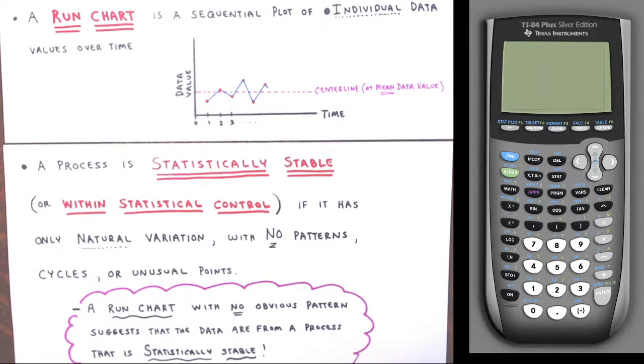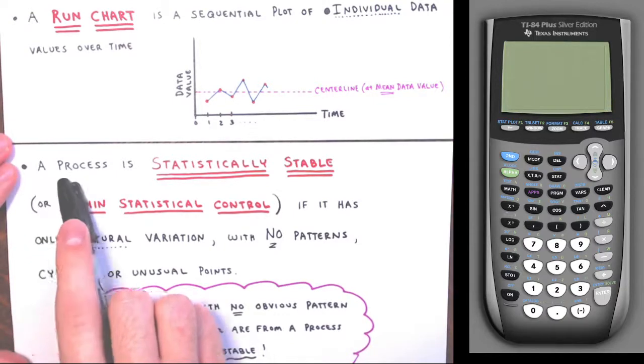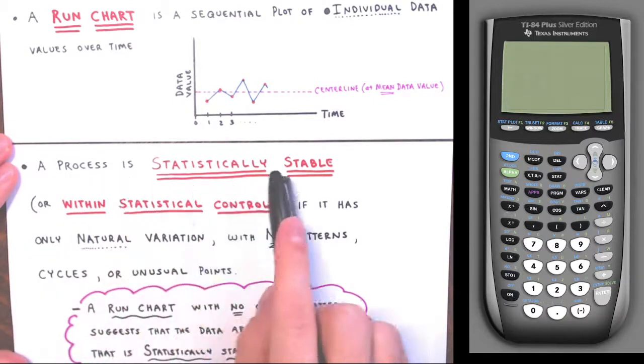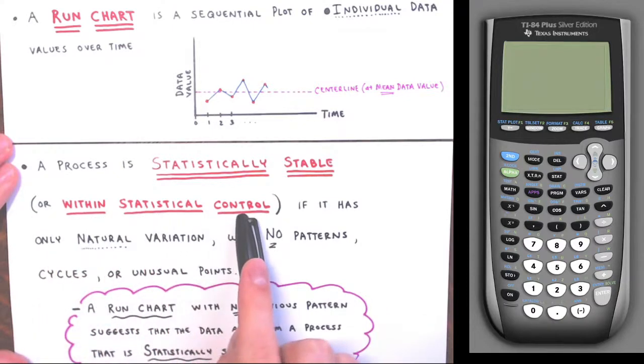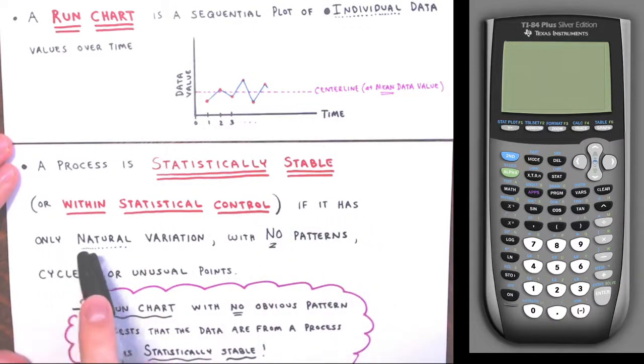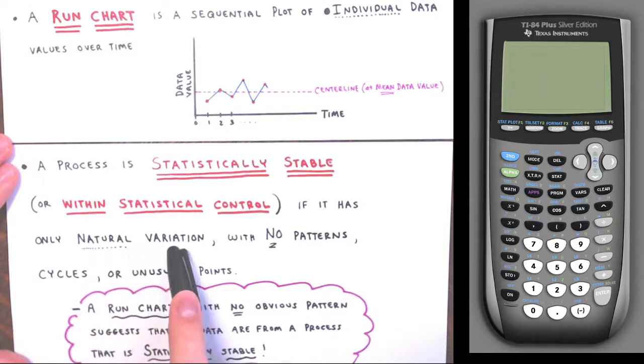And here's what this means. A process is statistically stable or within statistical control if it has only natural variation.